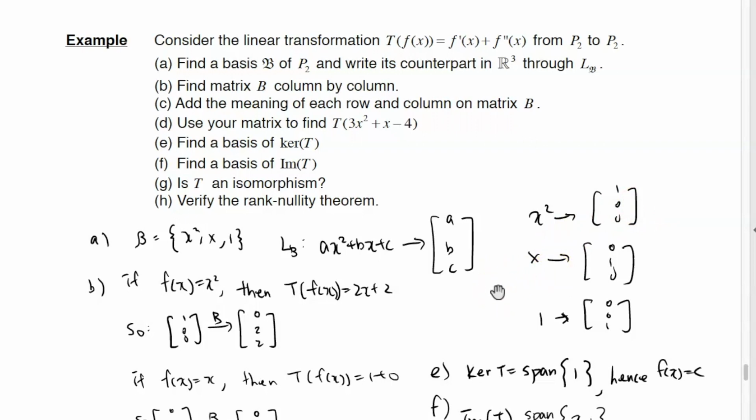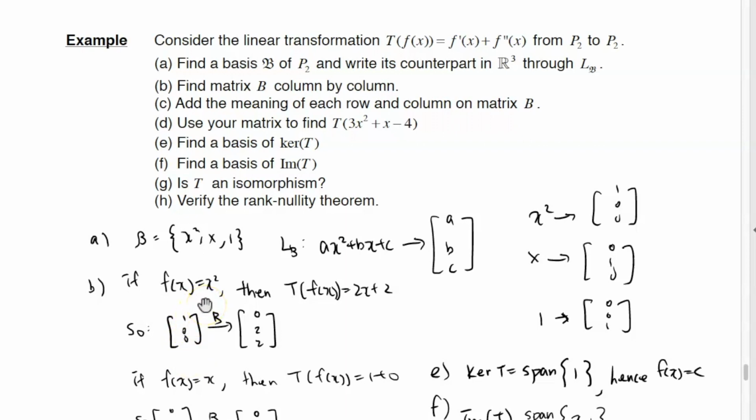Now we're going to build matrix B column by column, and to do that, I need to check what happens to each of the standard basis elements. So what happens to these if I go up, across, and down from the introduction to this video? Well, that means vector 1, 0, 0, I'm actually interested in seeing what happens when I transform x squared, f of x equals x squared.